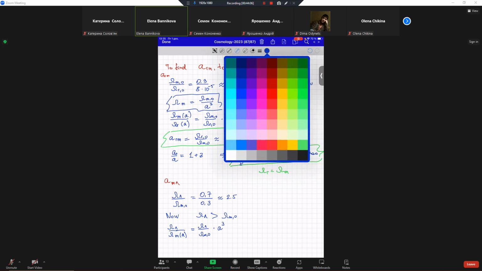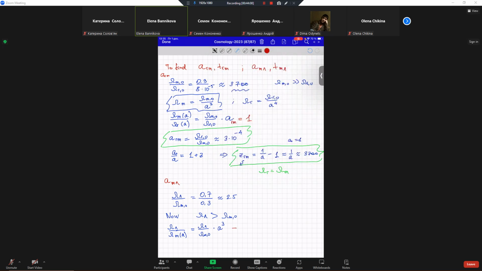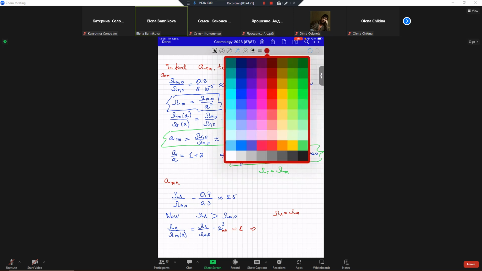Now I want to find when they were equal to each other, so I put unity, because I want to find when omega lambda equals omega matter. Here I will write m lambda.